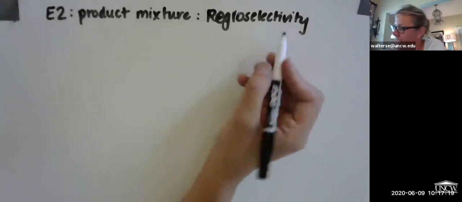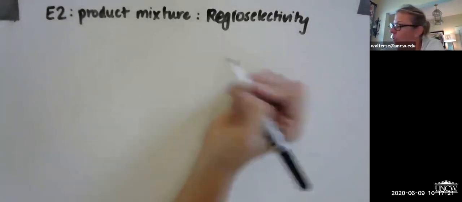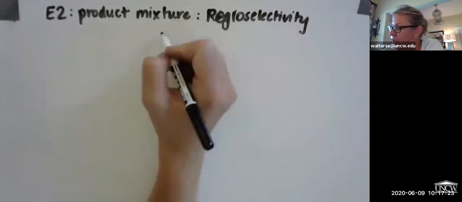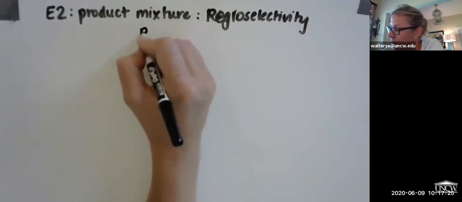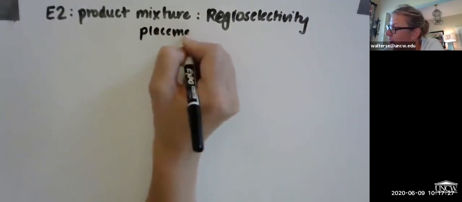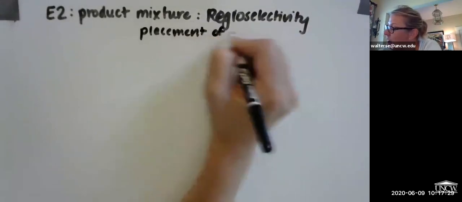And regioselectivity is going to be described in this instance as placement of the pi bond.